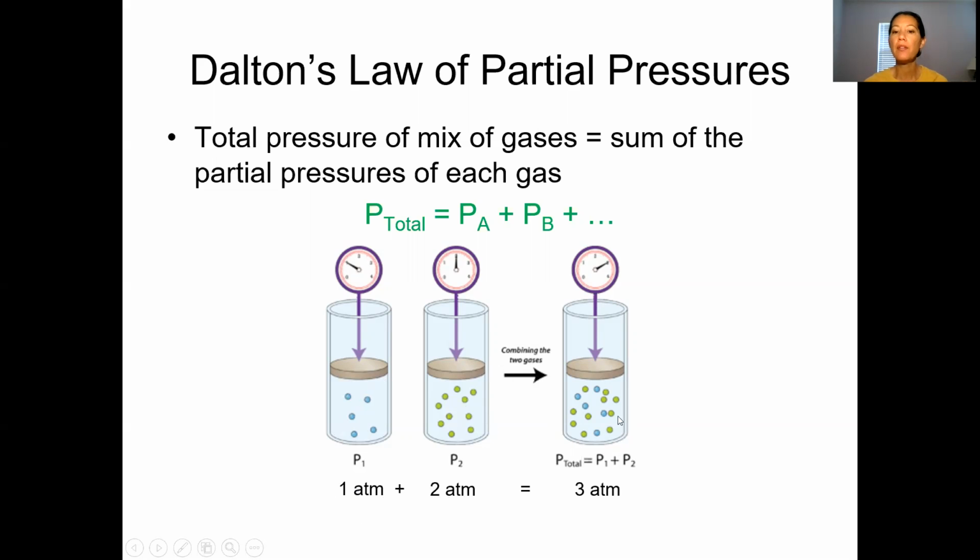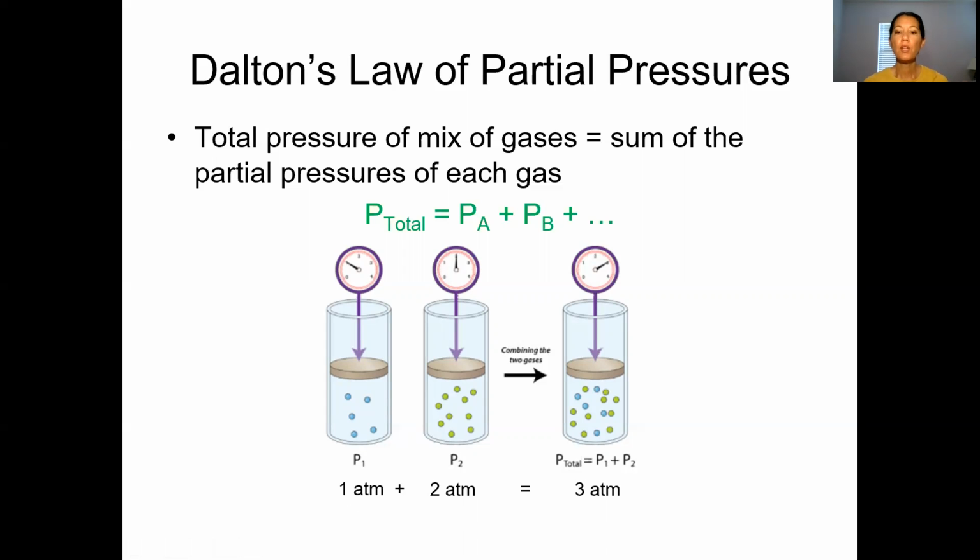If you combine those, then in that same space, you have now 5 plus 10 particles, 15 particles, there's a higher pressure, and the pressure is just the sum of the pressure of each of those. So if you know the individual pressures, you can add them up. 1 atm plus 2 atm gives the total pressure of 3 atm.